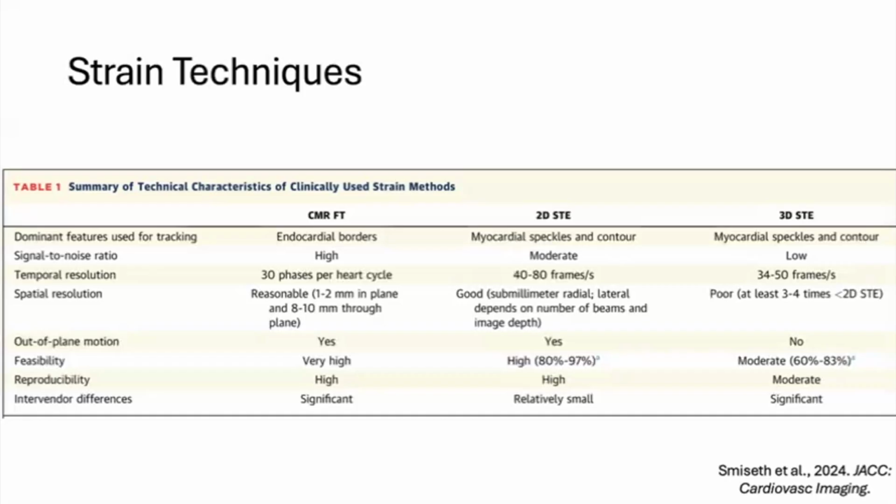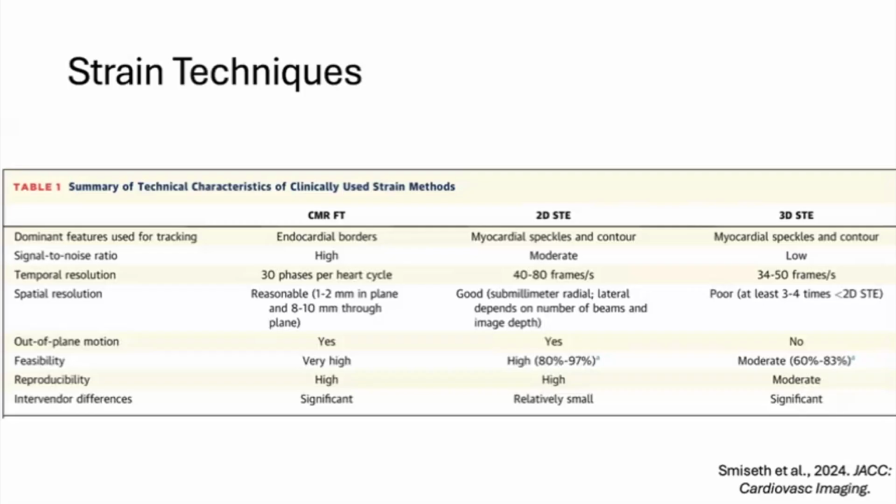First off with MRI, the benefits of a CMR analysis of strain are the high definition of the endocardial borders, the high signal to noise ratio, with relative technical feasibility, and the reproducibility. But where CMR loses points is the fact that its temporal resolution isn't as good as echo, which can be a problem, particularly for more tachycardic patients.